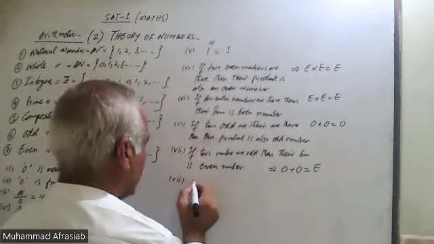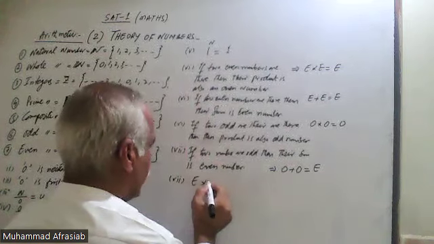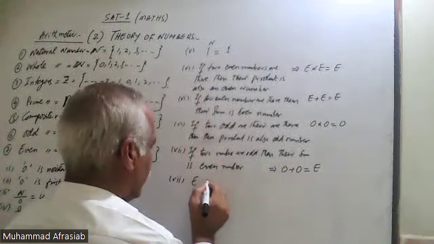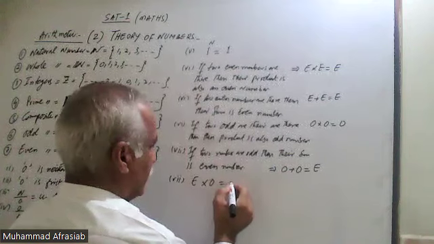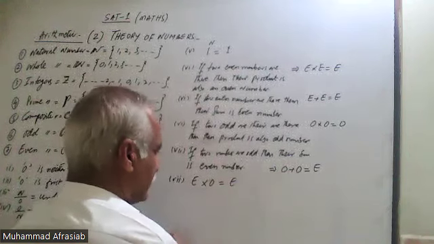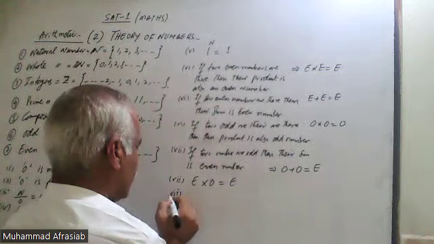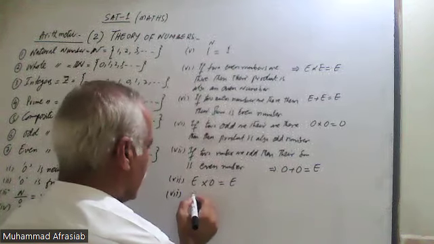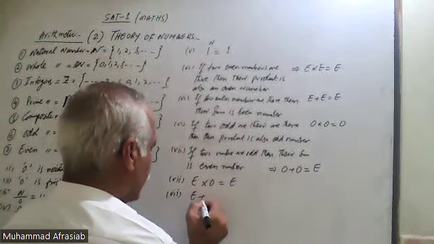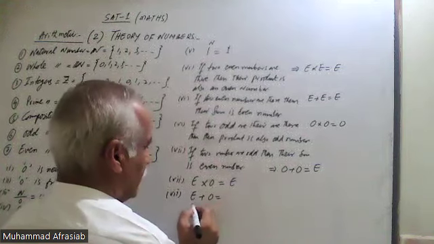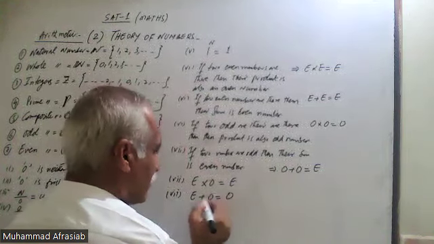Seventh, even into odd is also an even number. Then even plus odd is an odd number.